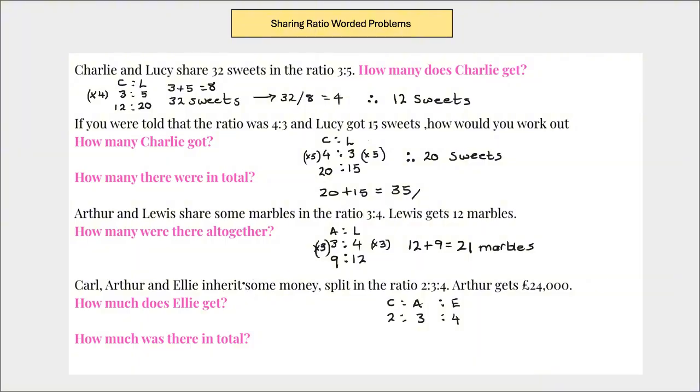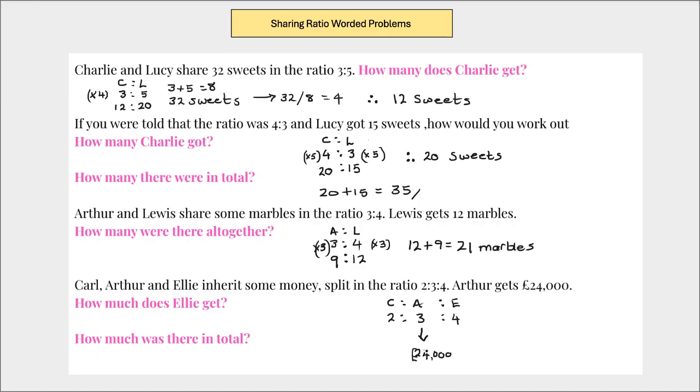So Arthur gets £24,000. Isn't Arthur lucky? So Arthur gets £24,000. So how much does Ellie get? Well, we're just using exactly what we've been doing in the questions before. So what did we times by 3 to get Arthur to £24,000?